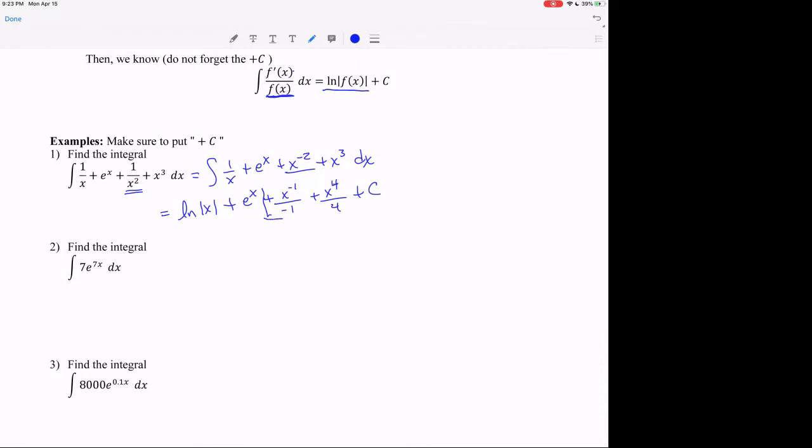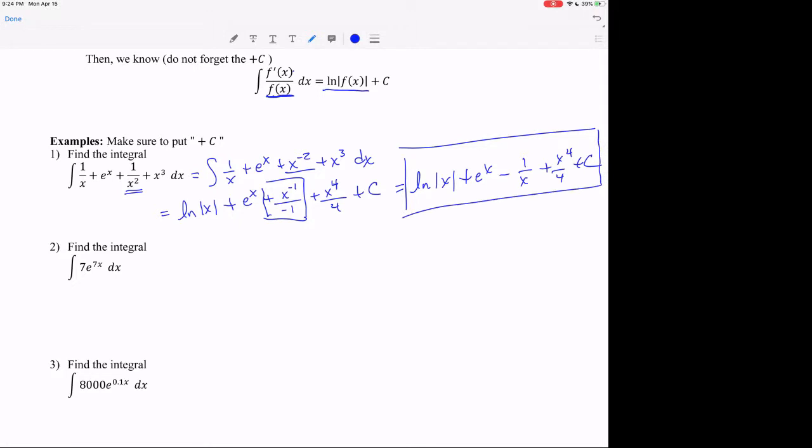This right here is the only term I need to simplify. So that's ln absolute value of x, plus e to the x, minus, and I can rewrite this as 1 over x, plus x to the fourth over 4, plus c. And this will be my final answer.